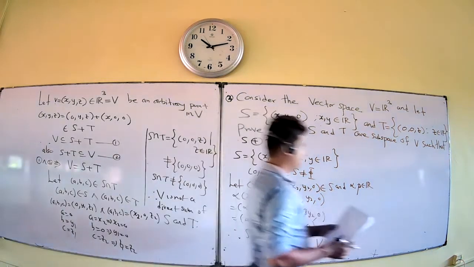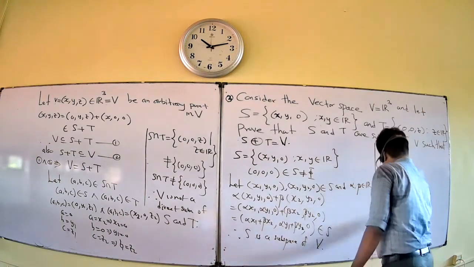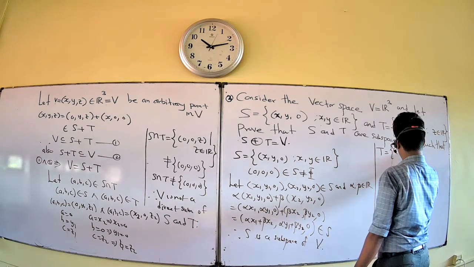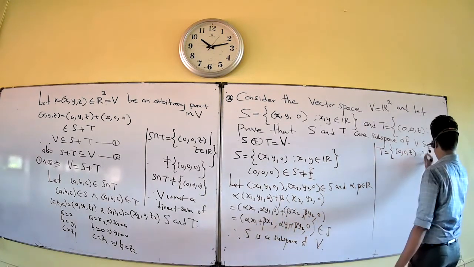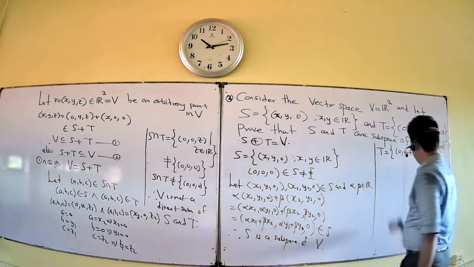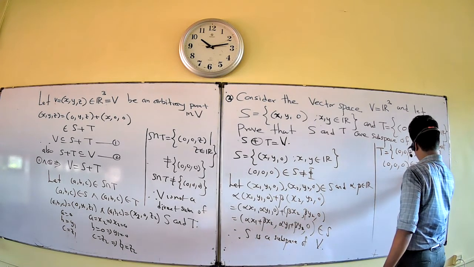Next, T equals (0, 0, z), z belongs to the real numbers. Therefore, this (0, 0, 0) belongs to T, so it is non-empty.